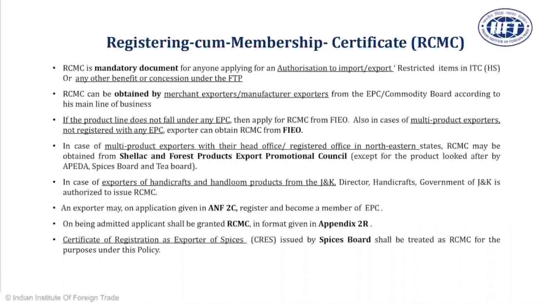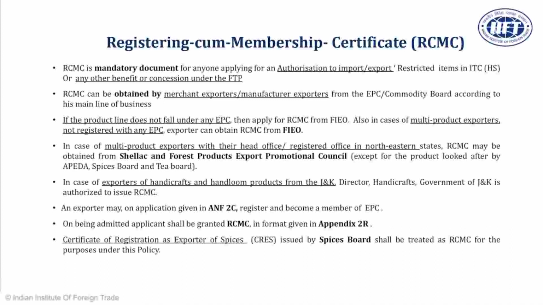Now, who can obtain the RCMC? It can be obtained by the merchant exporters, manufacturer exporters. Whom do you go to when you do not know your line of activities? Suppose you have an activity where a number of different branches are involved. In that case, you should seek the help of FIEO.